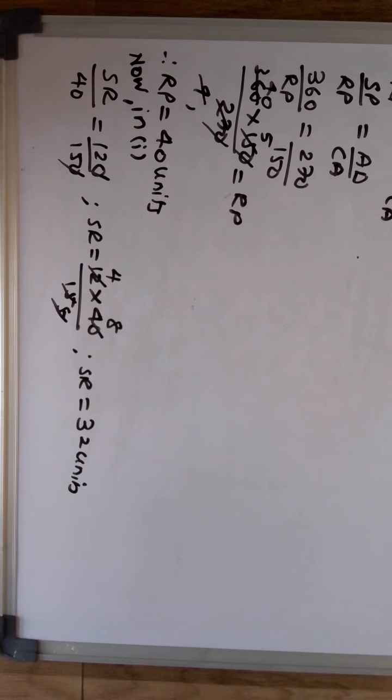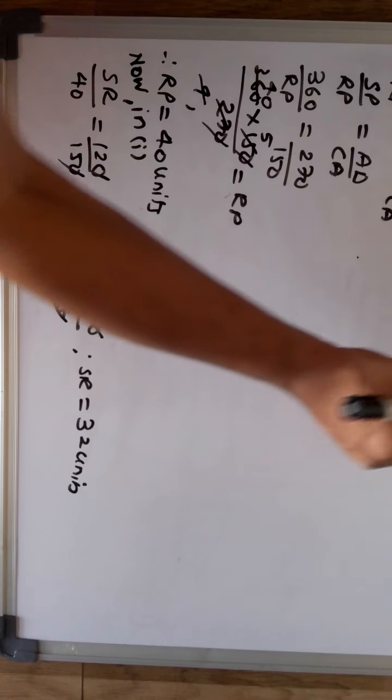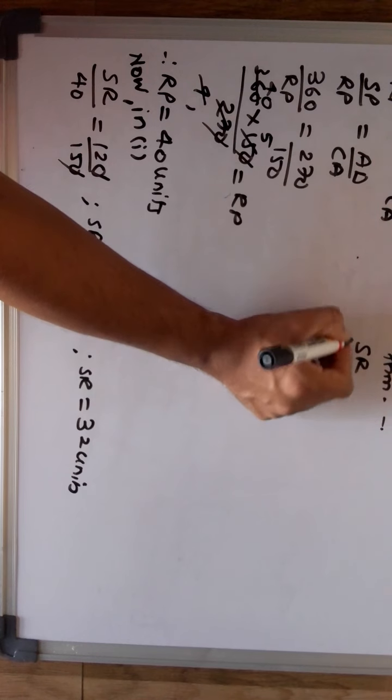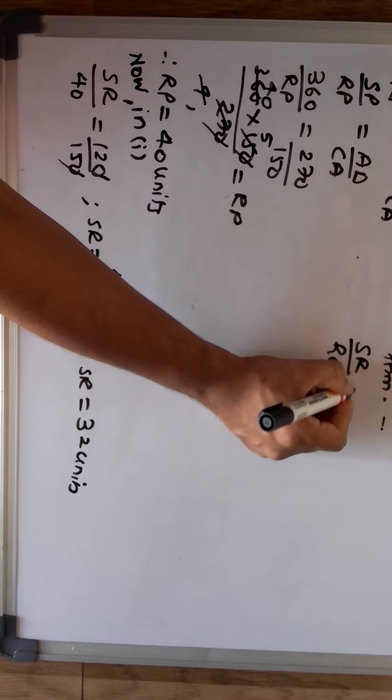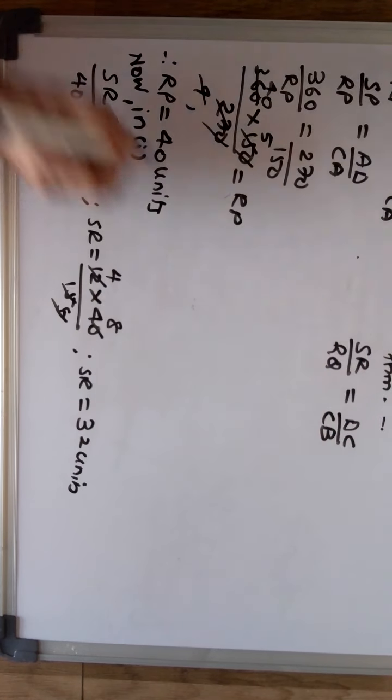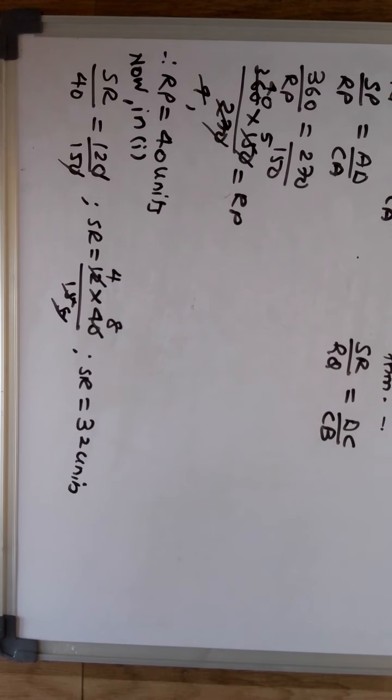If you take SD parallel to RC parallel to QB, you get by the same theorem which I am not writing, SR is to RQ is equal to DC is to CB. Now solving it, you will get your value of RQ. Now you got SR, you got RQ, you can by simple addition get QB.